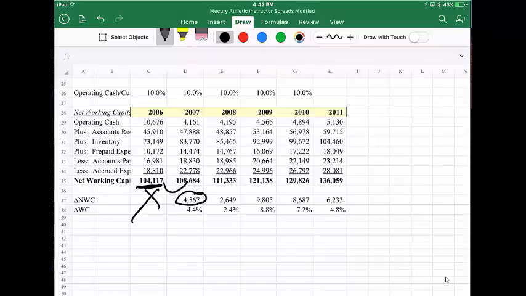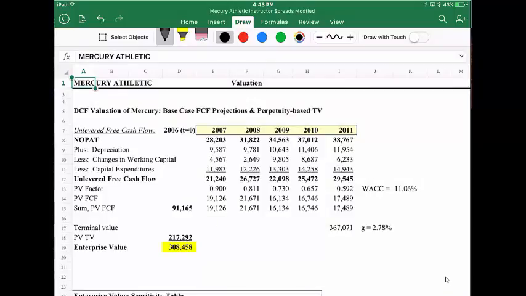That's the difference between 2006 and 2007. And because that amount increased, it's a use of cash, and so we're going to want to decrease our free cash flows in this case, or subtract $4,567.